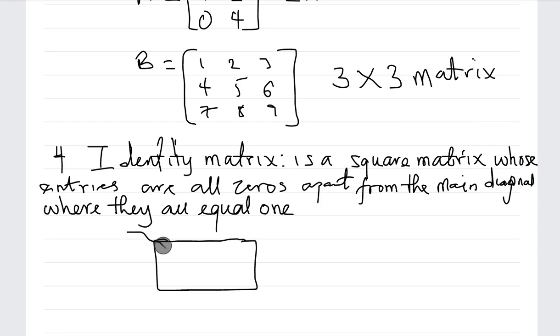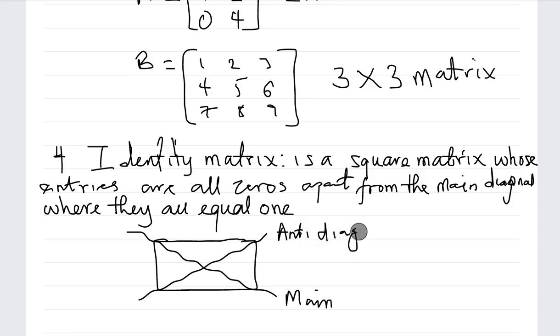So it has a diagonal like this, and another diagonal like this. The one that slopes from the top left to the right is what we call the main diagonal, and the other one we call the anti-diagonal.